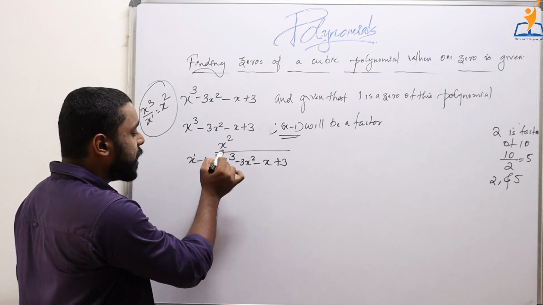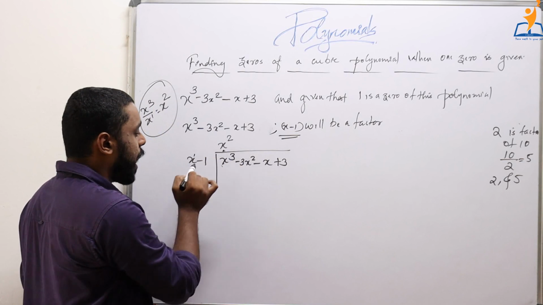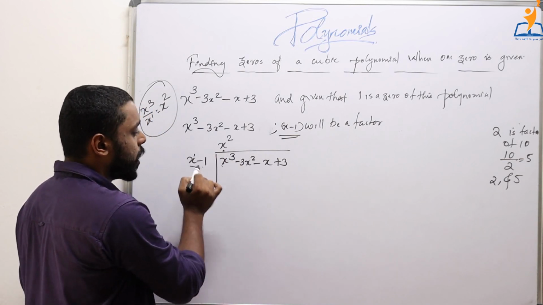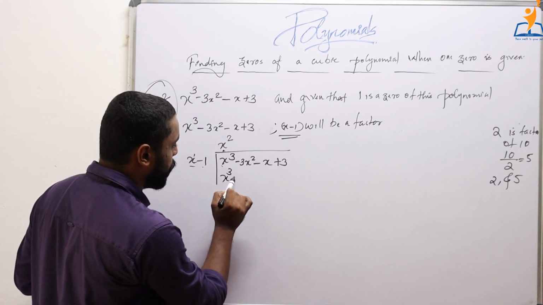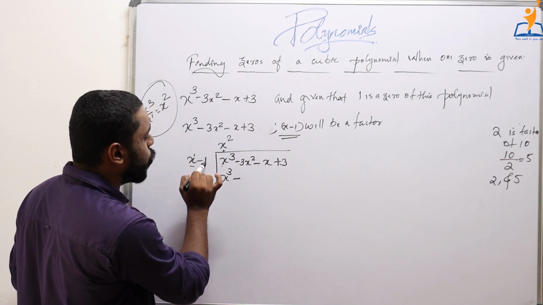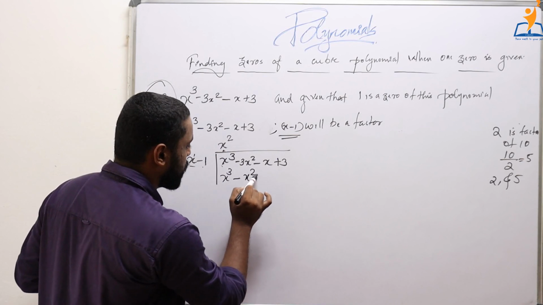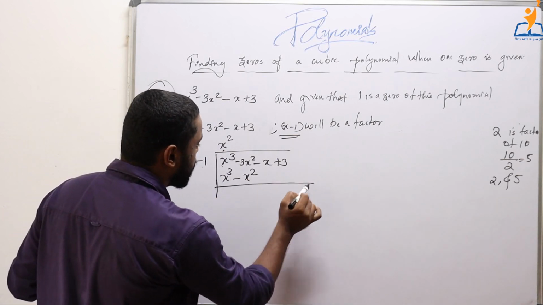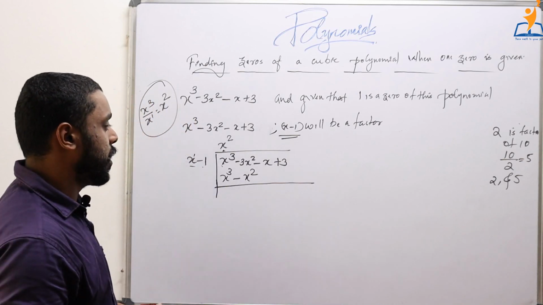Now multiply this quotient and this divisor to get a term here. x square into x is equal to x cube, minus x square into 1 is equal to minus x square. See, we get a new term. Now we can subtract just like in the usual division.